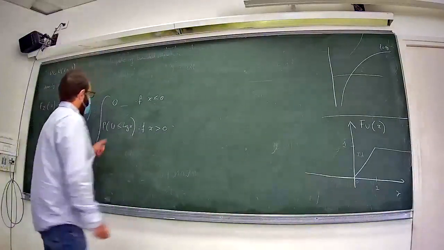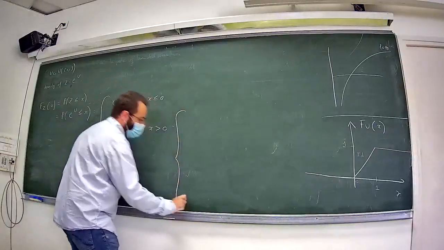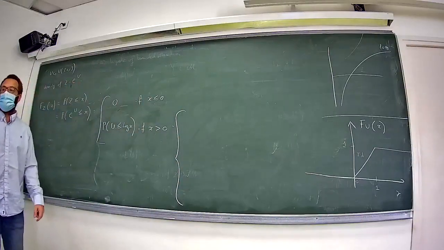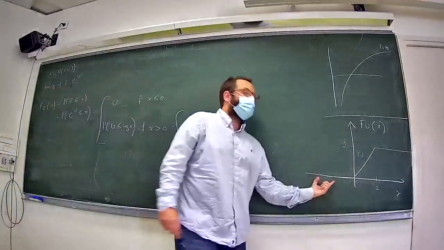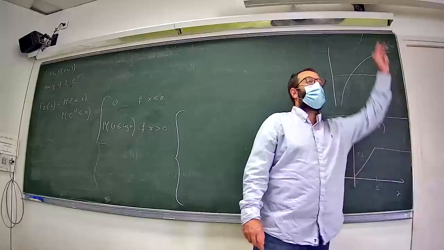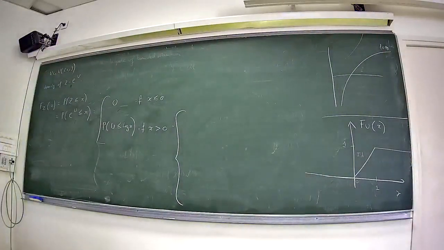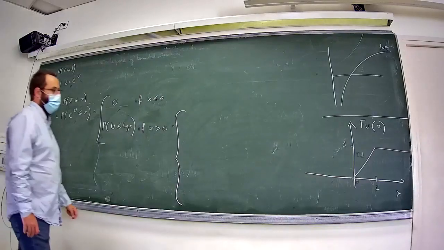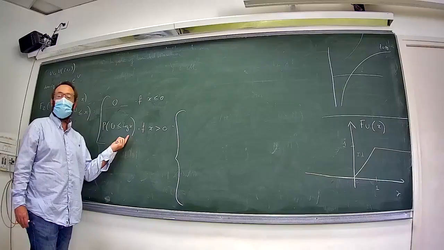So I know this one, and here I will have several possibilities depending on the position of the logarithm. So I have three cases to consider in order to compute the distribution function of u at the point logarithm of x.